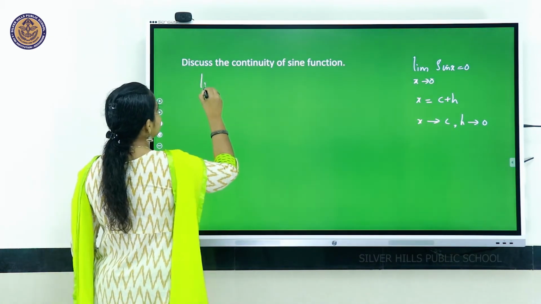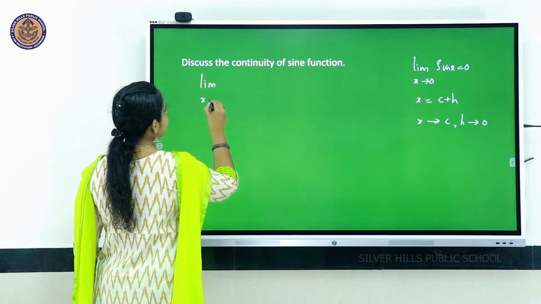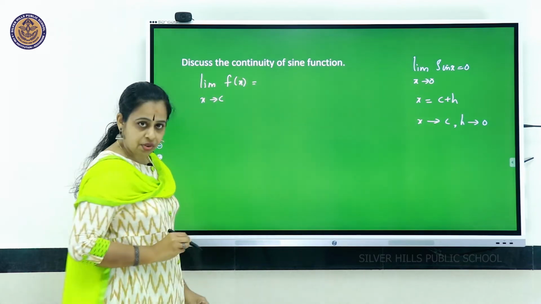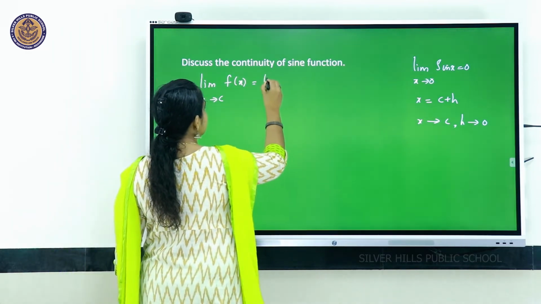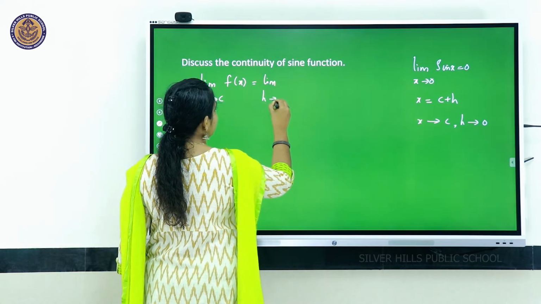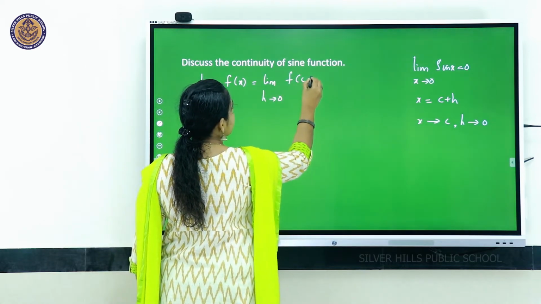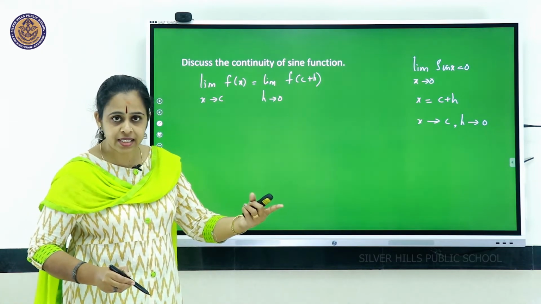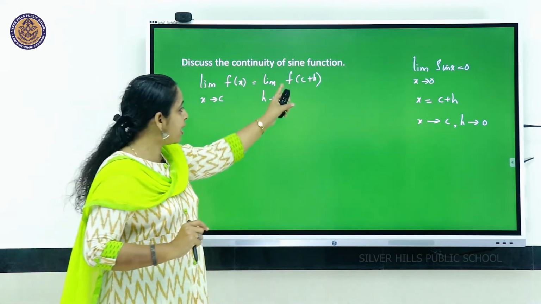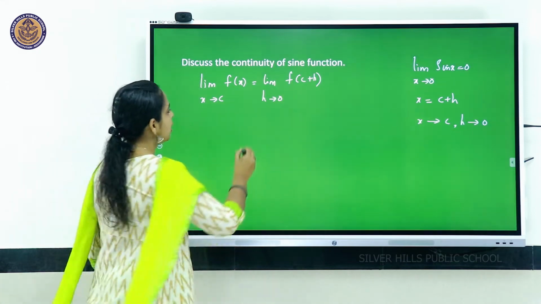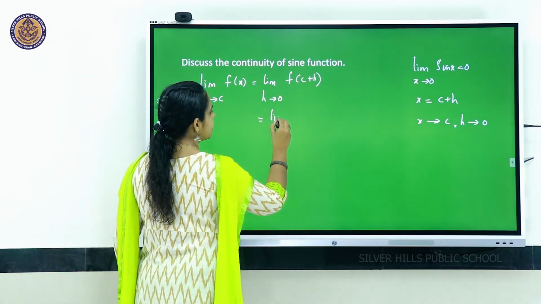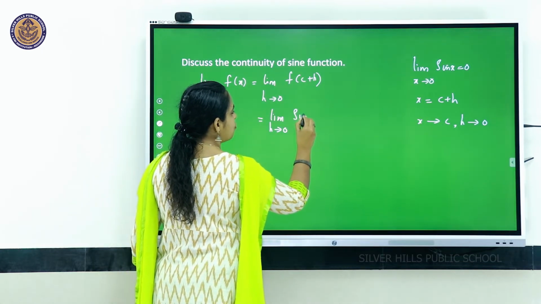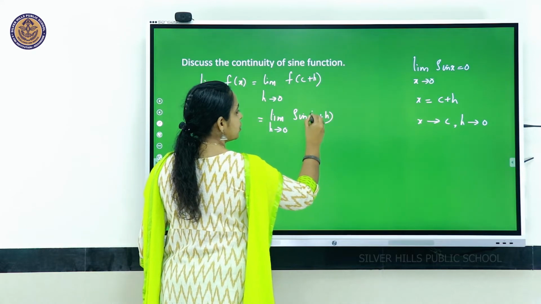So, limit x tending to c of f of x, we can write as limit h tending to 0 of f of c plus h. What was our f of x? Sin x. In the place of x, we are going to write c plus h, equal to limit h tending to 0 of sin of c plus h.